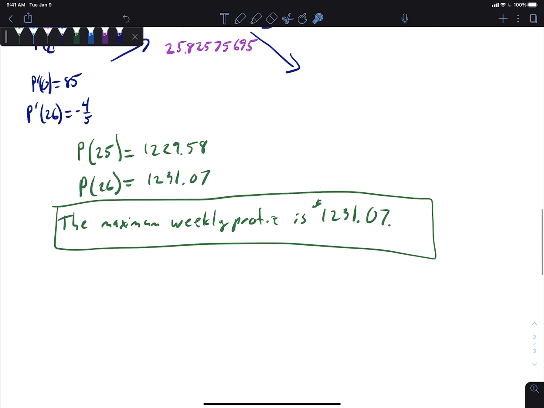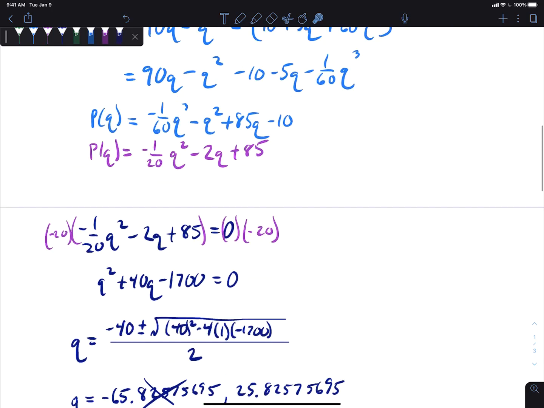Just because you can get a maximum revenue, that doesn't guarantee that maximum revenue produces the maximum profit. In fact, it almost always doesn't. Usually, the maximum profit occurs before the maximum revenue. So there you go, 1231.07.